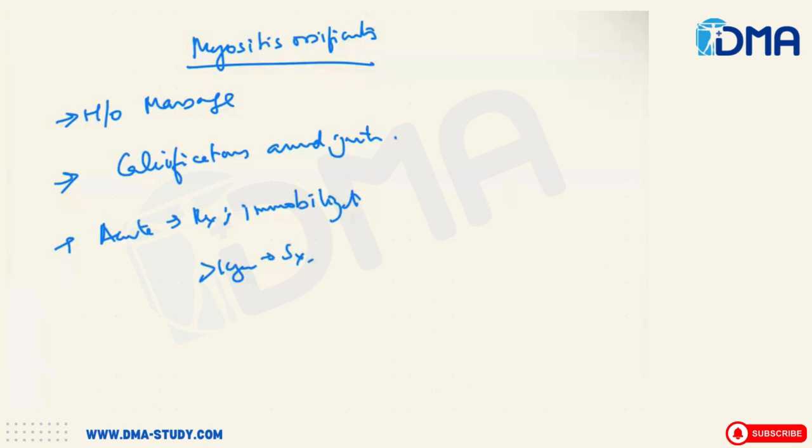Then coming to compartment syndrome. Compartment syndrome is mainly because of the application of too tight a cast. Tight cast application will lead to vascular and nerve compromise, mainly vascular compromise. So whenever you apply a cast, you put a slit and check the pulse of the respective limb.